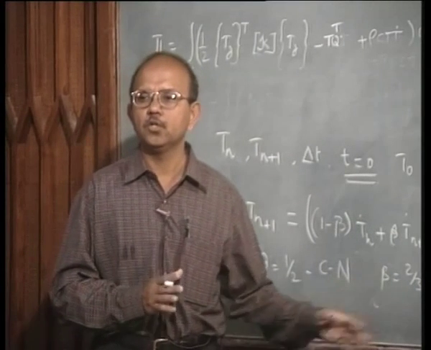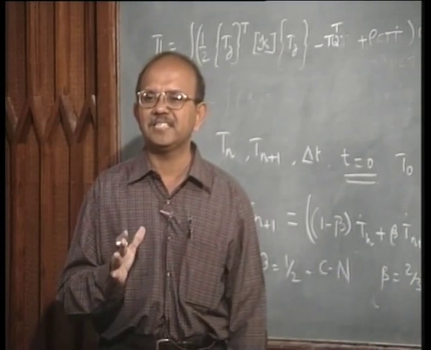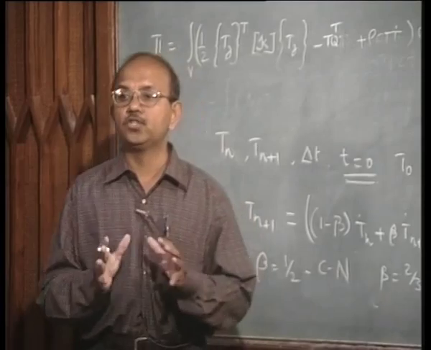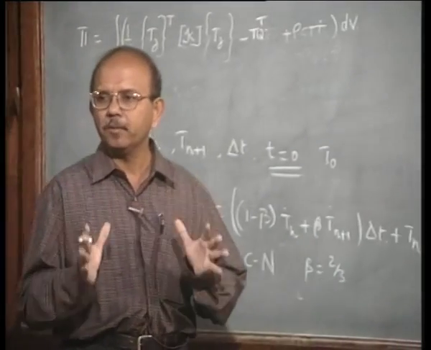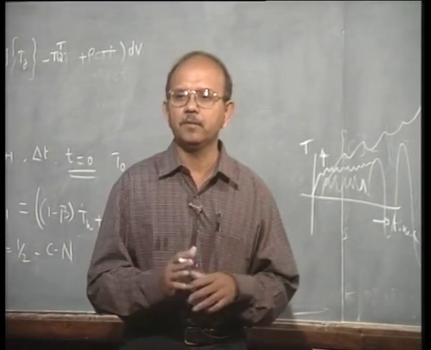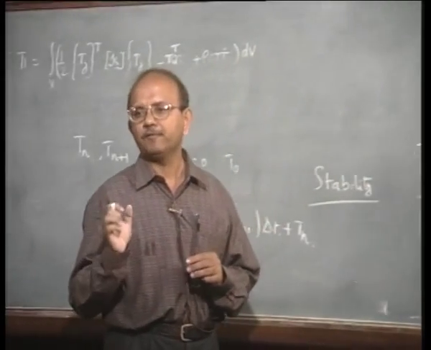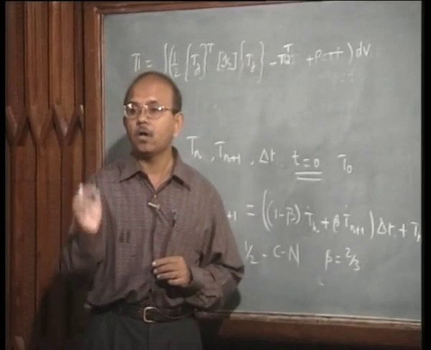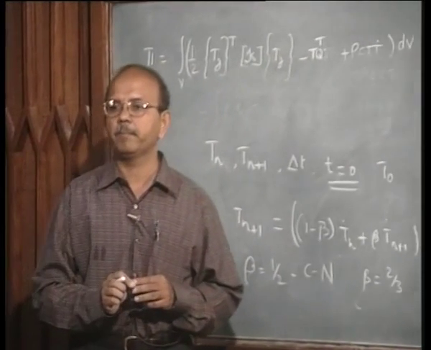For the solutions, in other words, when beta is less than half, the solutions are conditionally stable. In other words, I have to put a restriction on delta t.